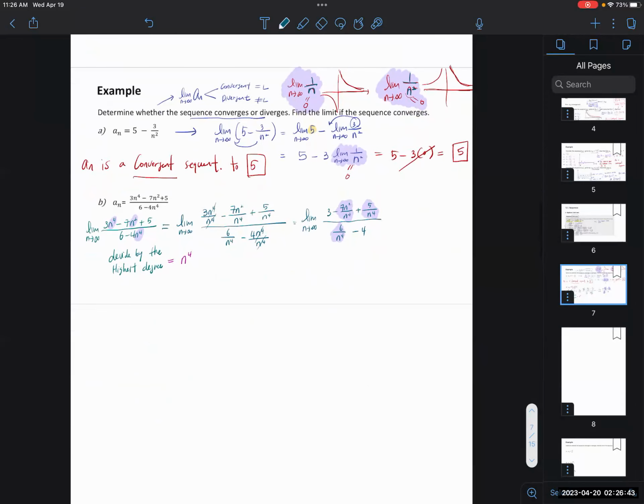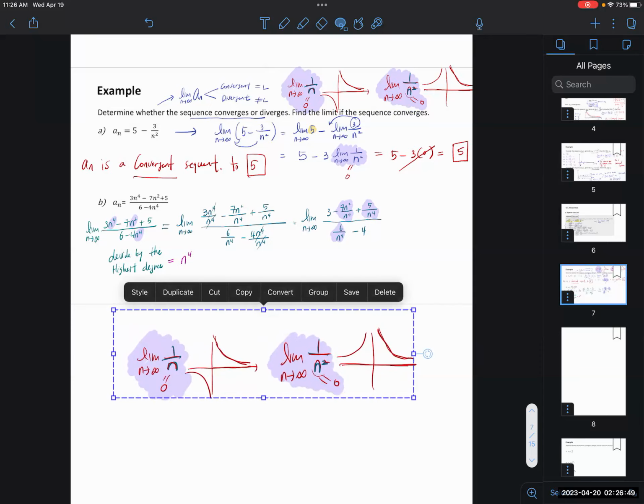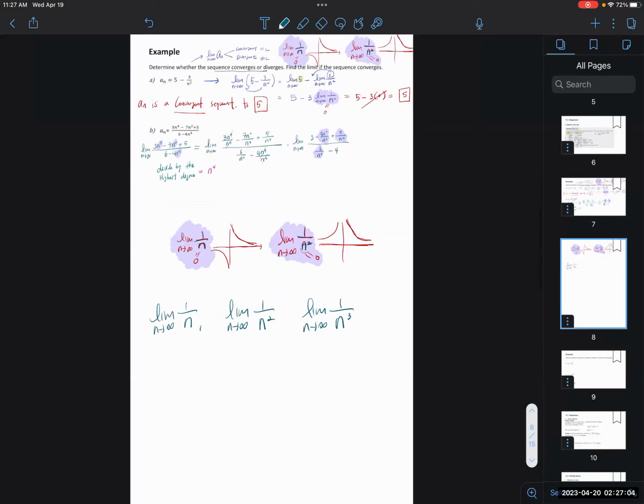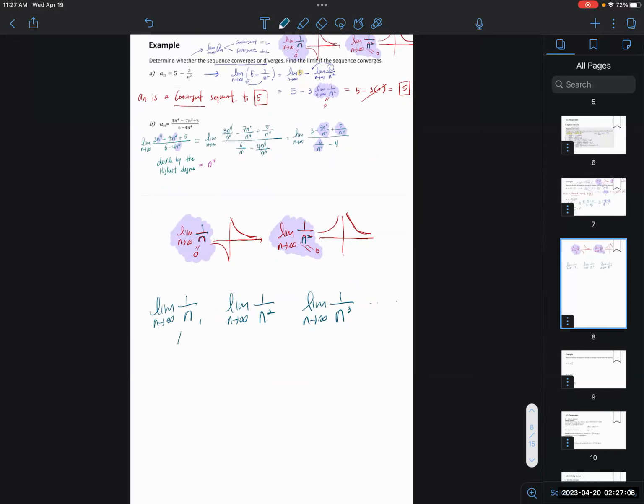So if you remember, I'm going to copy this. You have all this knowledge. Limit as n approaches infinity of 1 over n, limit of 1 over n second, limit of 1 over n to the third, whatever, keep going. Everything is 0, right?